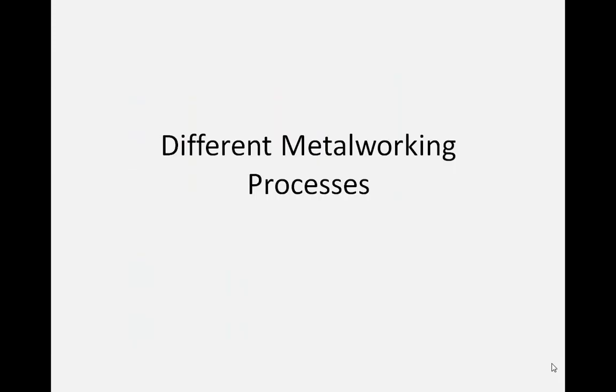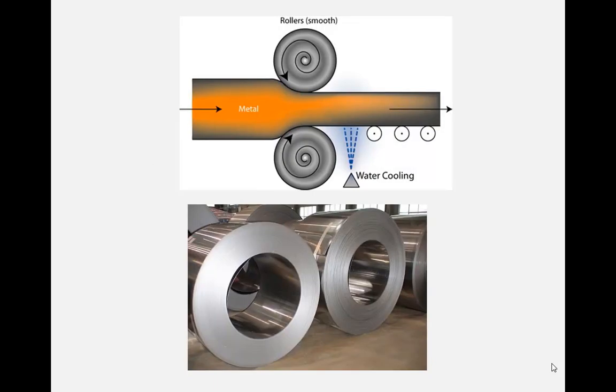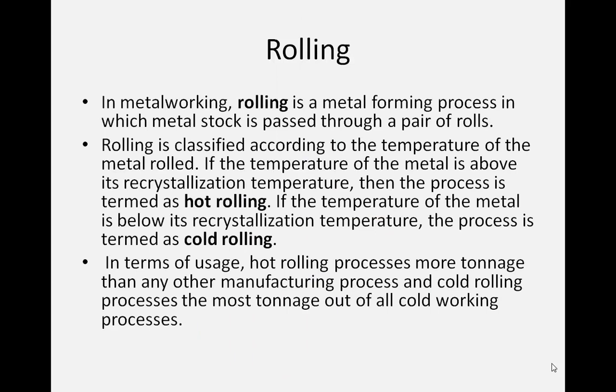So now let's go over the different metal working processes. First of all, rolling. Rolling is a metal forming process in which metal stock is passed through a pair of rolls. As you can see on this slide, there are two rollers going in opposite directions and a metal is passed through that, leading to the metal's thickness being reduced, and as you can see below, in the industry large sheets are made using this process.